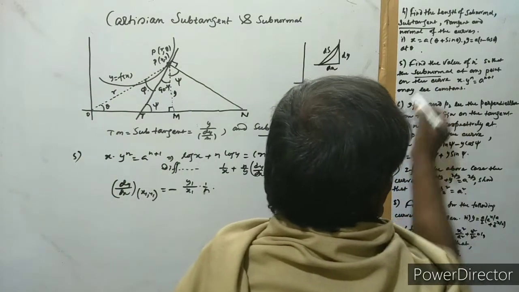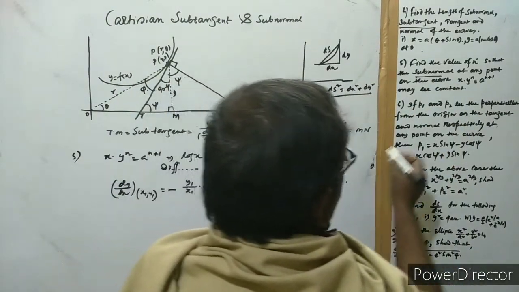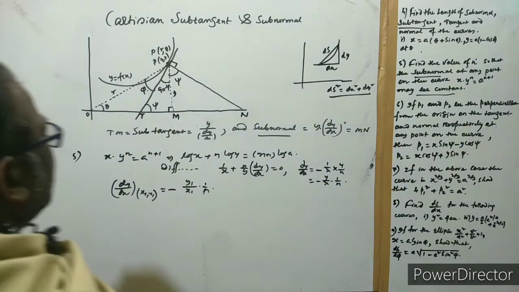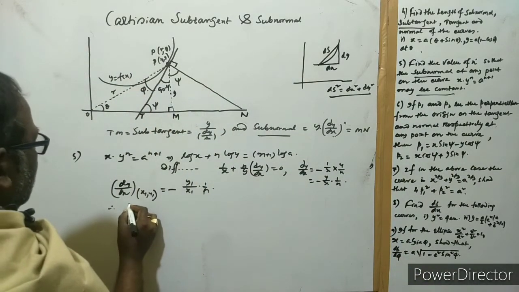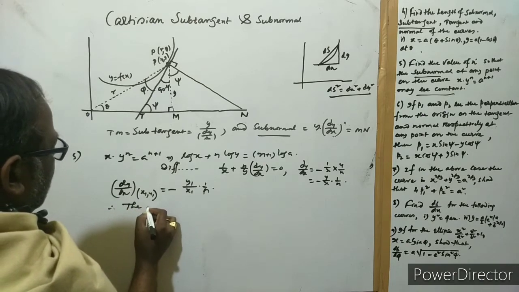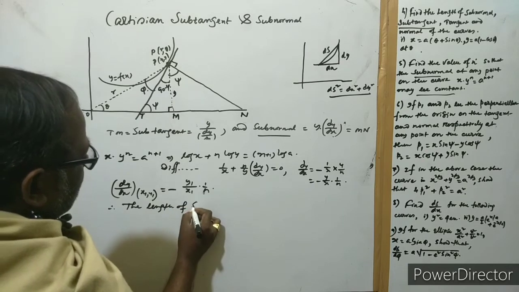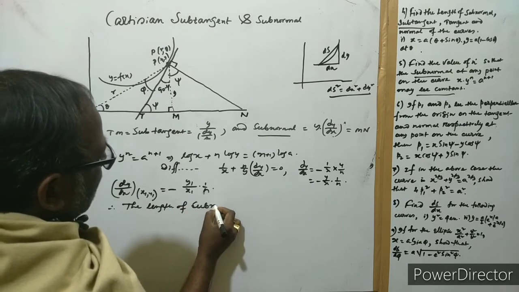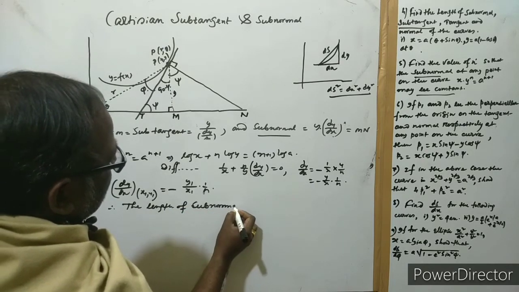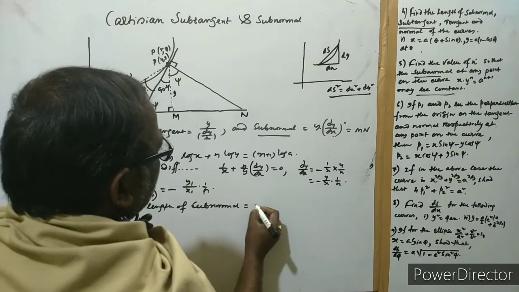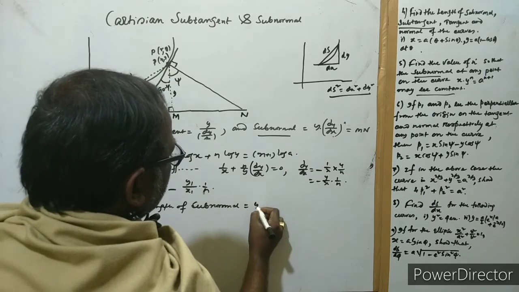Find the value of n when the subnormal at any point on the curve is constant. Now the length of subnormal is equal to y into dy by dx.